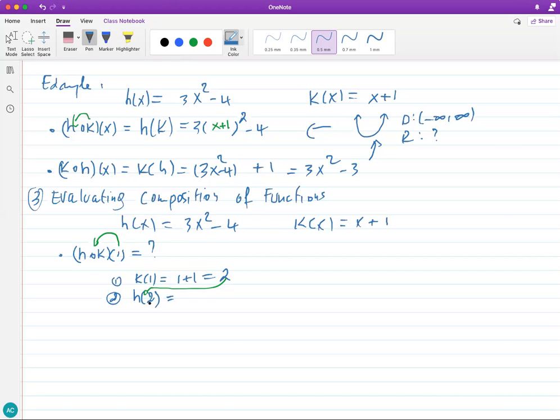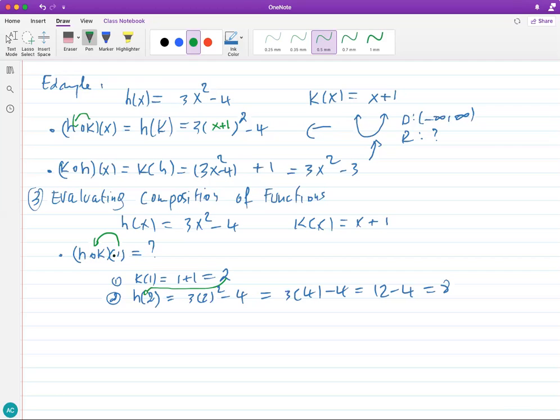2 into h, so it would be 3 times 2 squared minus 4. We're going to do the exponent first. So it'll be 3 times 4 minus 4, which is 12 minus 4. That's 8. And that's basically our answer here.